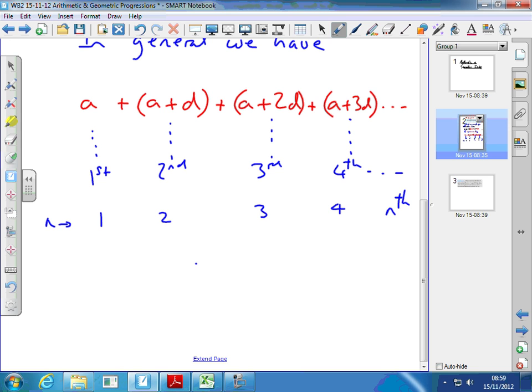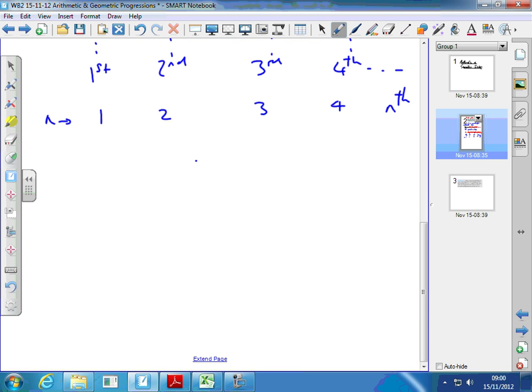A plus, not ND, it's 1 less, isn't it? So n minus 1D, okay? And so we end up with an expression for the nth term, which is A plus n minus 1, D. And so that gives us an expression for the nth term.